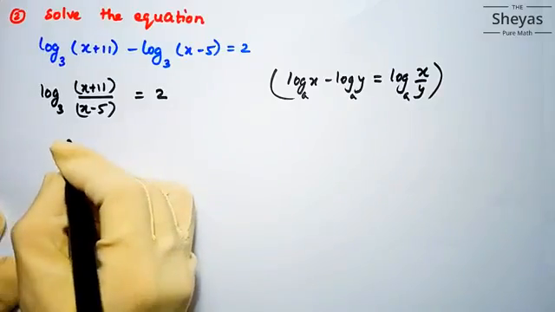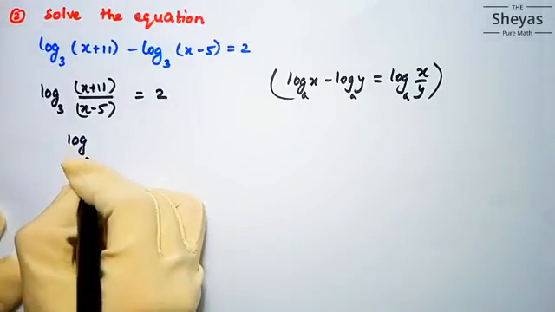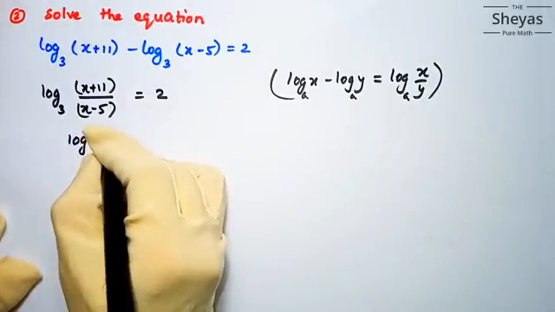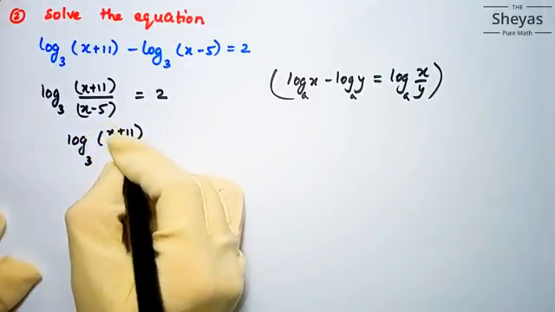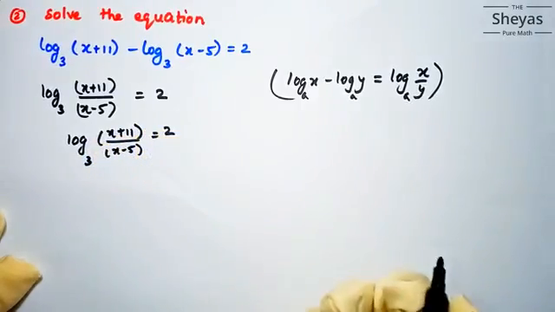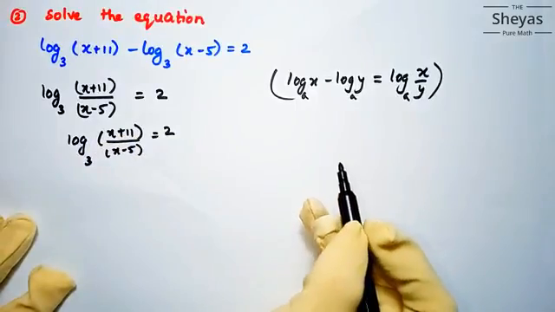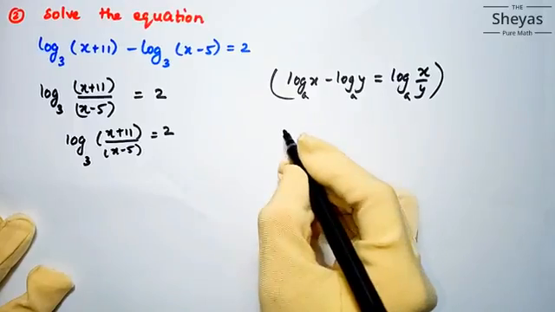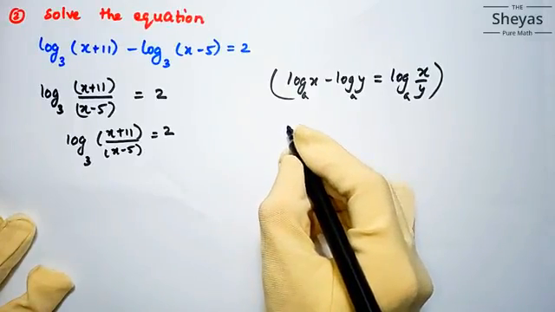So now once again I am writing this: log to the base 3 of x plus 11 by x minus 5 is equal to 2. See here, again keep this arrow in the mind. So now we are going to convert the logarithmic form to exponential form.